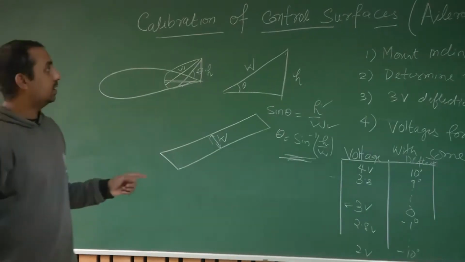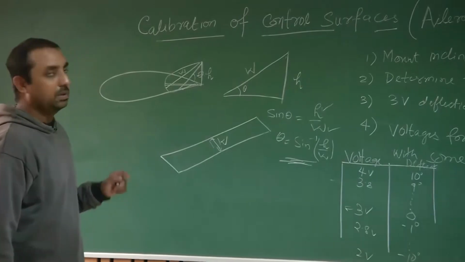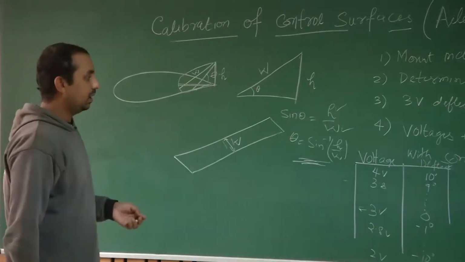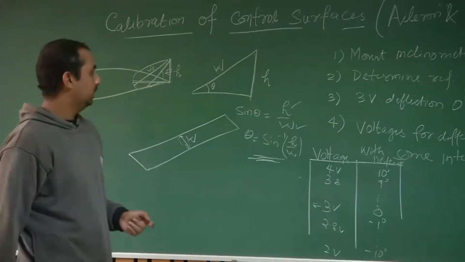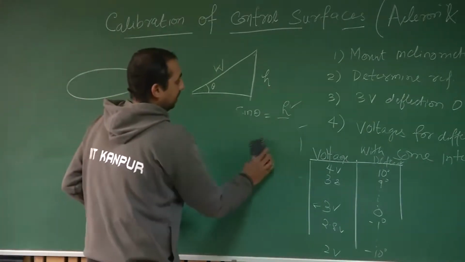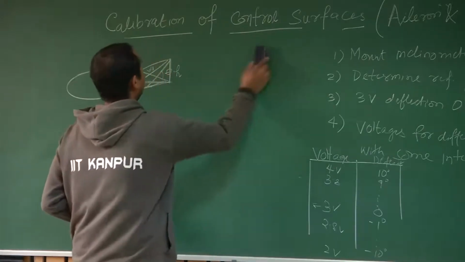Now, earlier I discussed why we need calibration. Once we did calibration, we got voltage and deflection. So where do we want to apply that? Let's see some applications where this calibration will be needed.